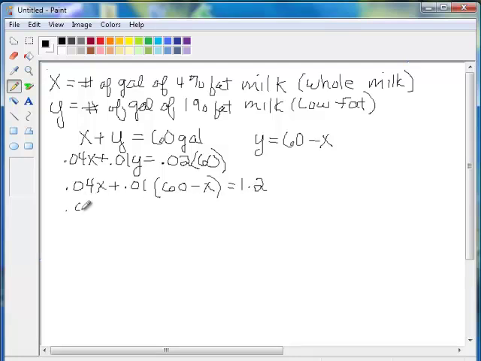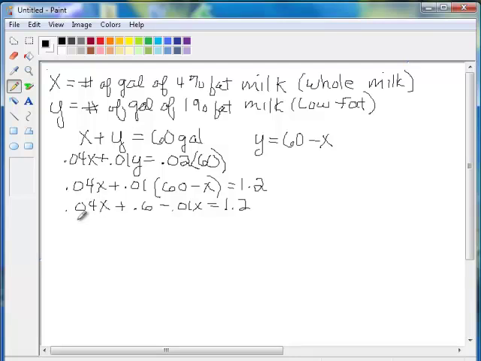And I will continue to solve by distributing. The 0.01 times 60 will give me 0.6, and 0.01 times negative x will give me negative 0.01x, which is still equal to 1.2.